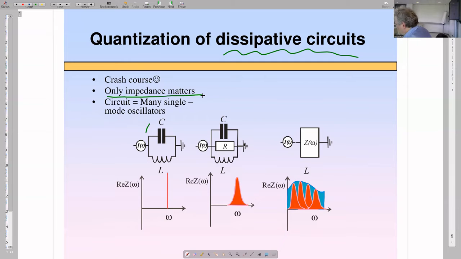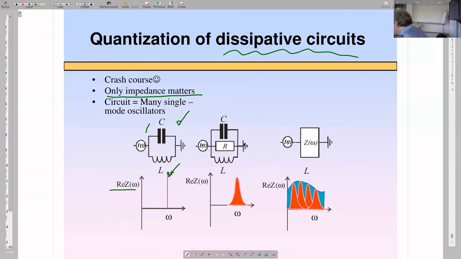So I look at the real part of the impedance versus frequency. If I have a single oscillator, I just have a delta functional peak, a single mode with no dissipation. It's infinitesimally thin. Let me make it a little bit wider.